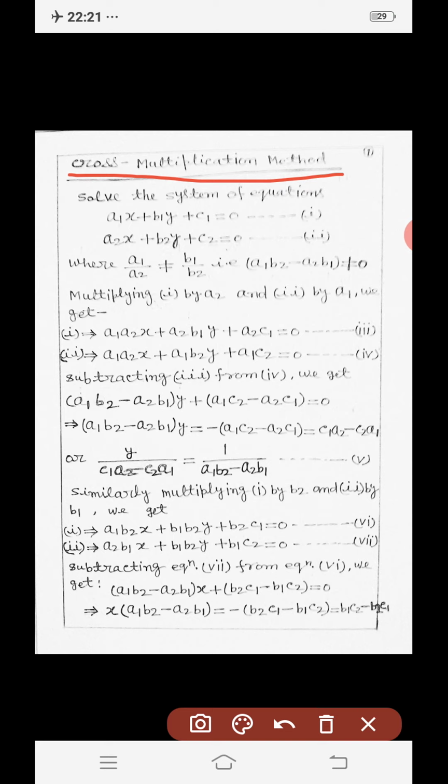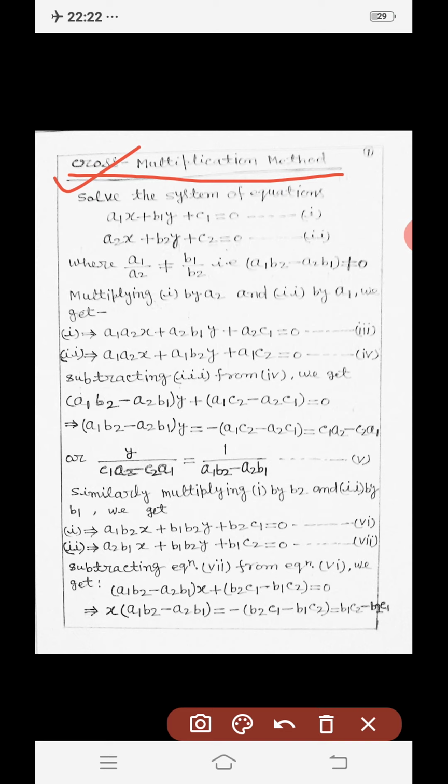Here we introduce one more algebraic method to solve a pair of linear equations, which for many reasons is a very useful method of solving these equations. This method is called the cross multiplication method.